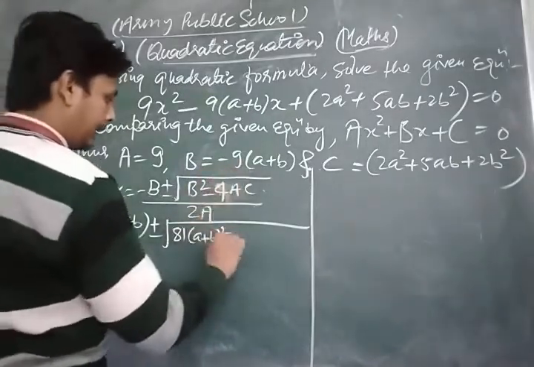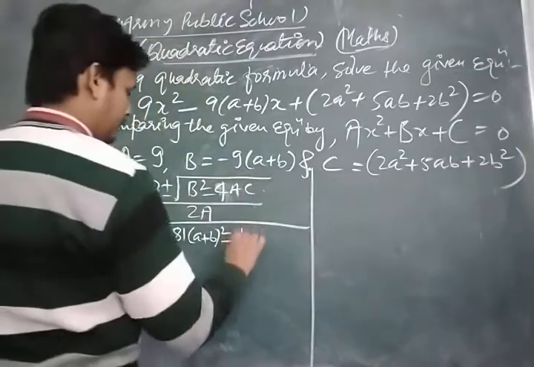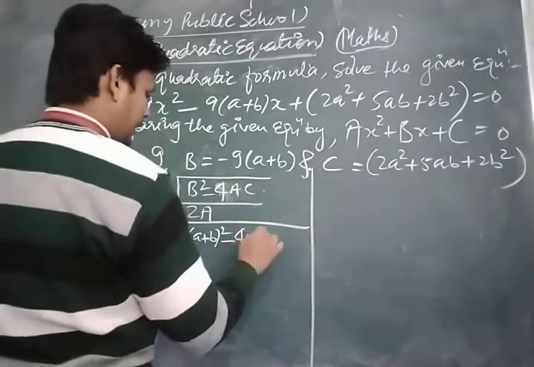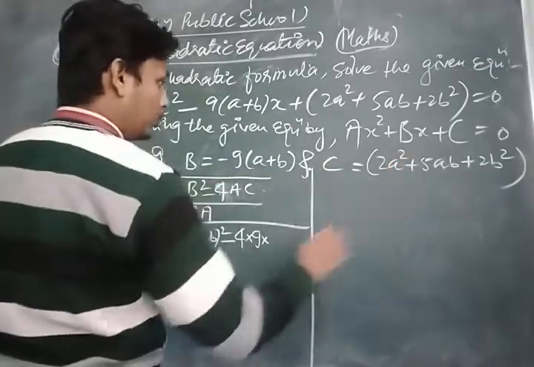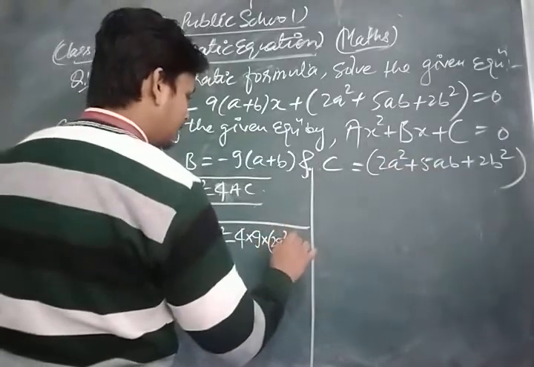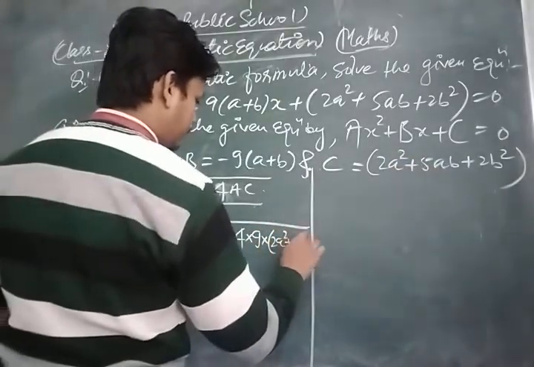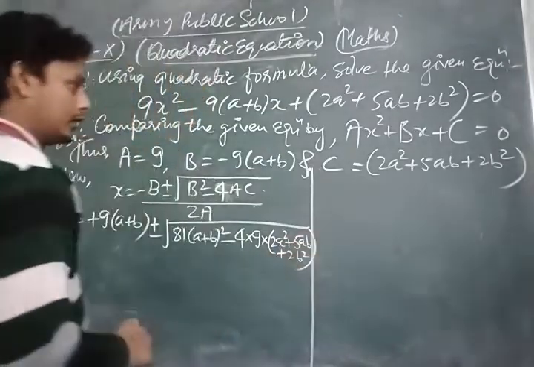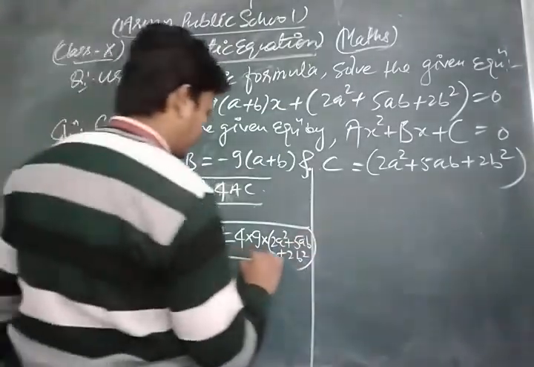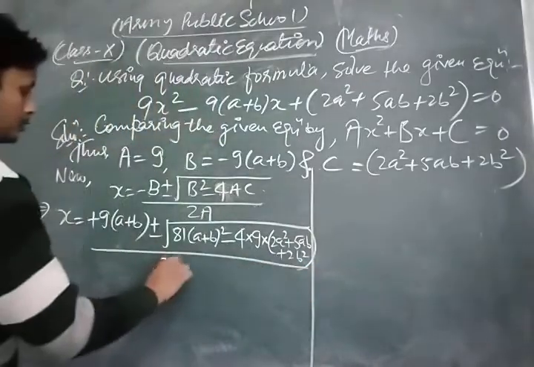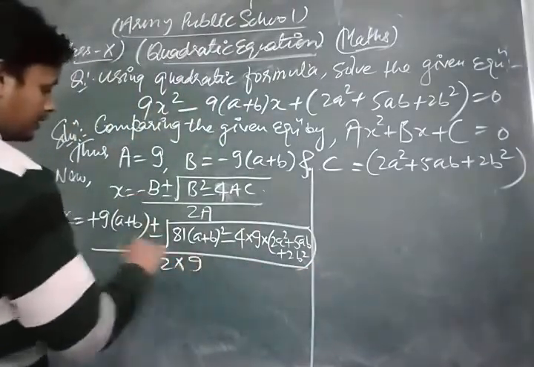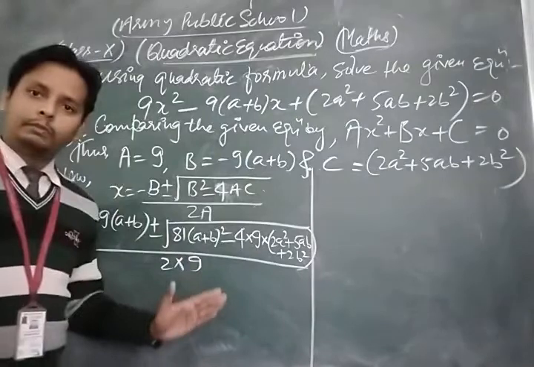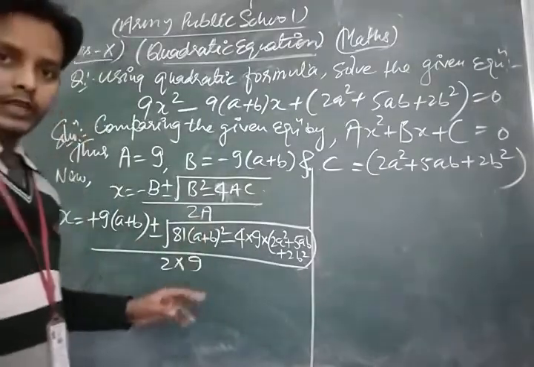Now minus 4ac: 4 into a is 9, and c means the whole term, that is 2a square plus 5ab plus 2b square, and whole upon 2 into a, that is 2 into 9.